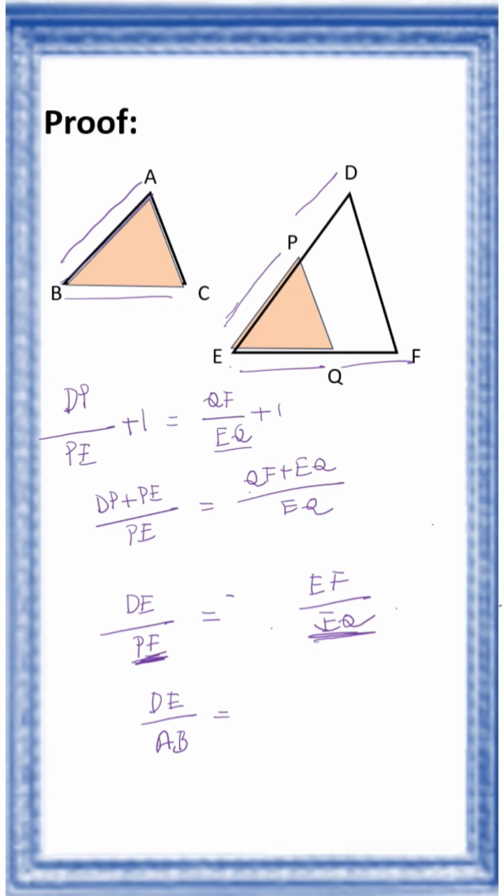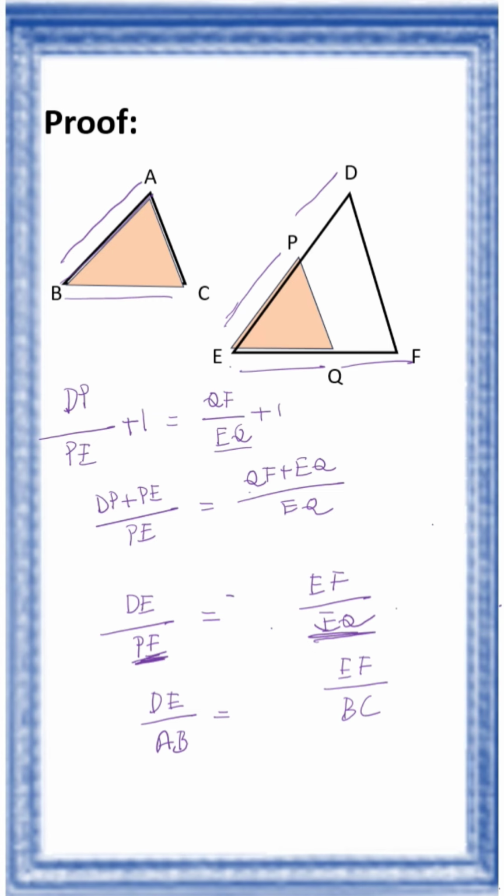EF by EQ. This is the result we wanted to get, isn't it? Instead of EQ, you can write what? BC. So DE by AB is equal to EF by BC.